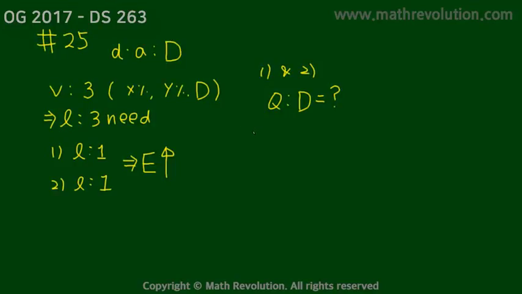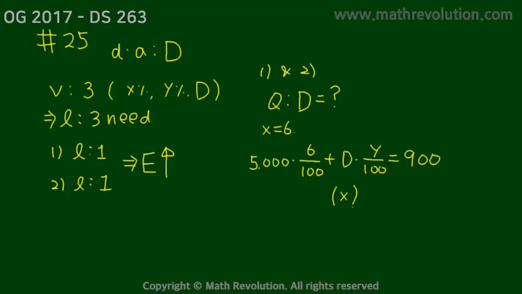Well, condition 2 tells us, first of all, that the X% of interest is actually 6, and putting 1 and 2 together, we'll have an equation: $5,000 times 6 over 100 plus D times some Y over 100 is supposed to equal a $900 total interest earned. But we can't solve for this in any way. We can't solve for D, so this is insufficient information, and we'll say that E is our correct answer.